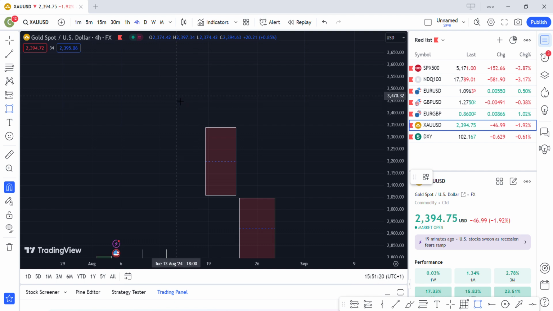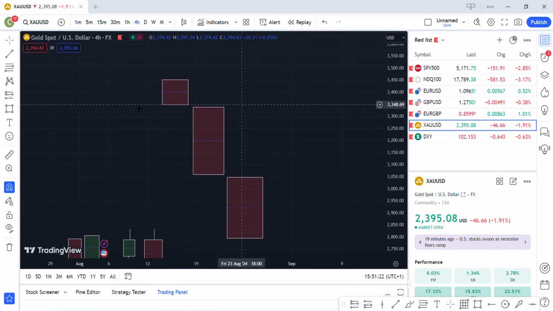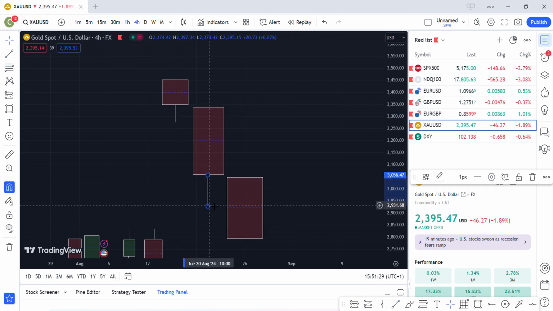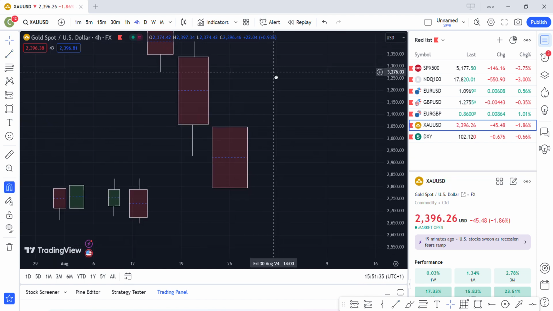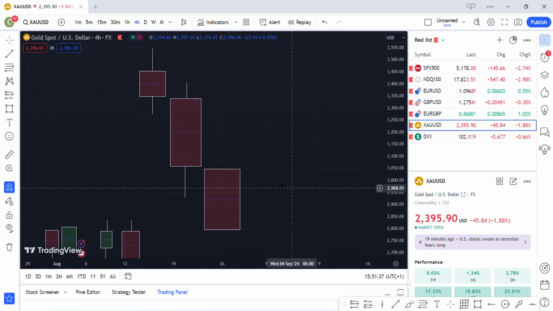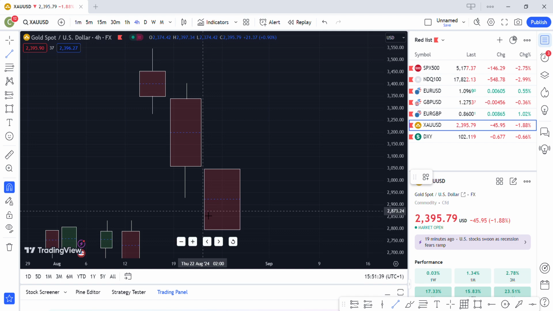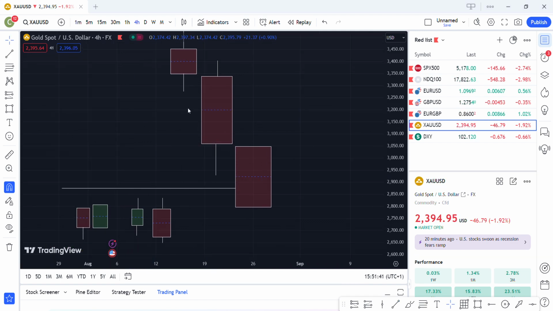So let's say we've got that there. Give me 1 second. So, as you can see, we're bearish. Let's say there's some liquidity here that we've just taken, right?